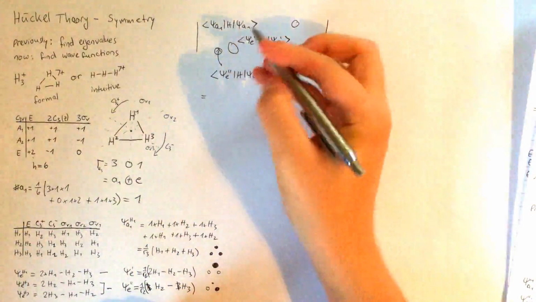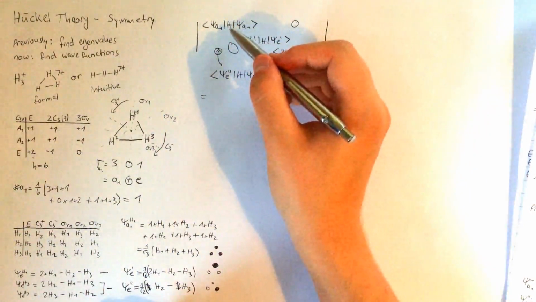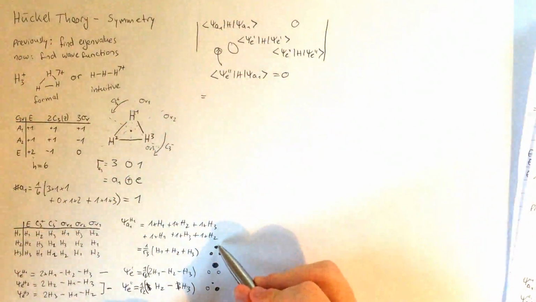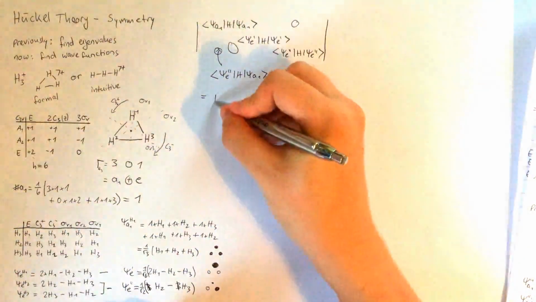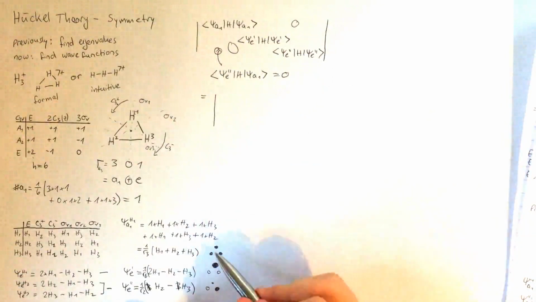Now, if I solve the actual matrix elements, how do I go about it? I look at, for example, this wave function here, and I pick out one of the orbitals. So I pick out this orbital, and I check how many interactions this orbital has.